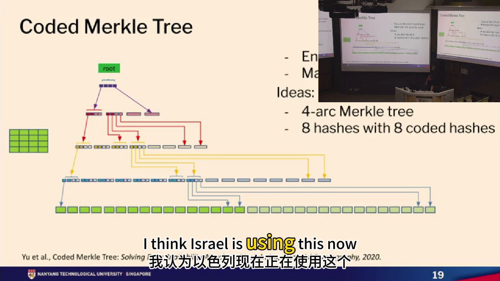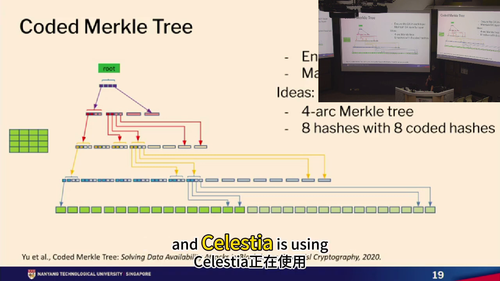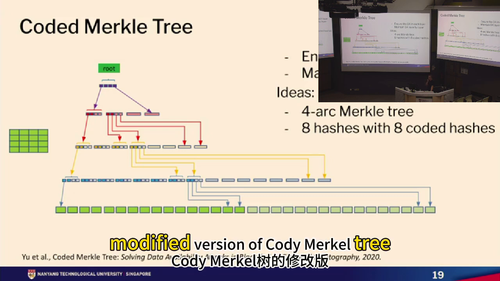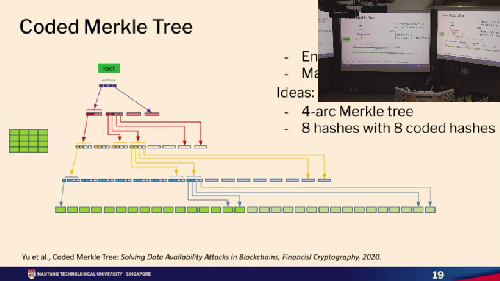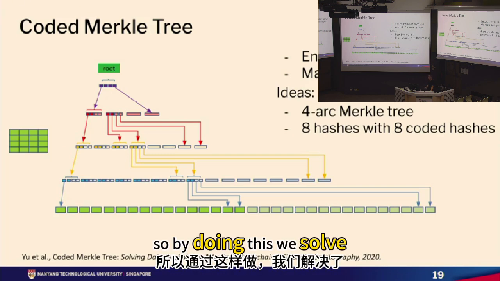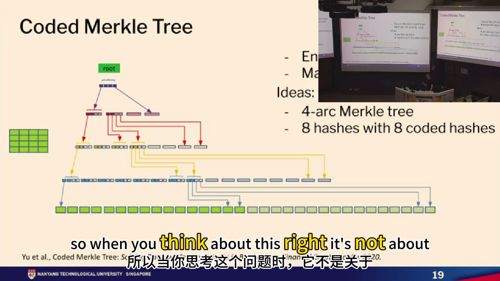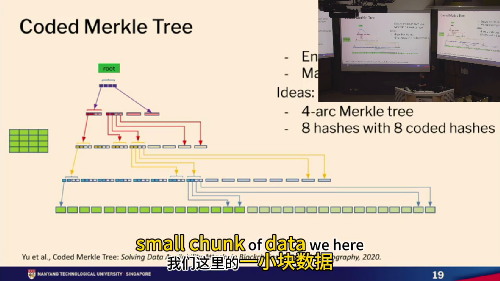I think Ethereum is using this now, and Celestia is using a modified version of the coded Merkle tree. Later on we will talk about that. By doing this, we solve the complexity of the Merkle tree and the hashes. It's not about a small chunk of data.